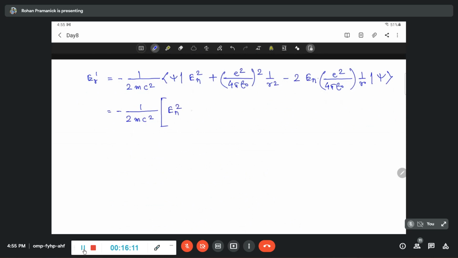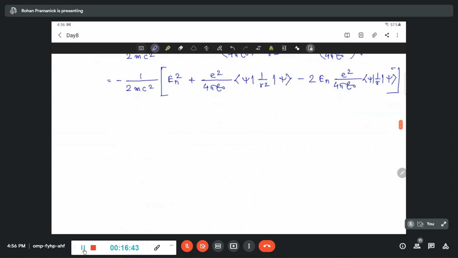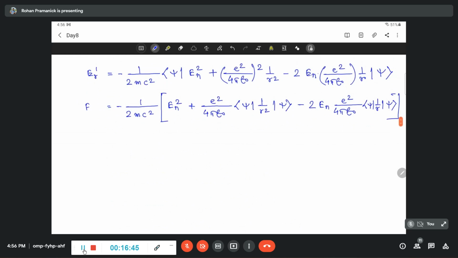Psi becomes 1 plus e squared by 4 pi epsilon 0 psi 1 by r squared psi minus 2 n e squared by 4 pi epsilon 0 psi 1 by r psi, and there is a bracket. So this is the expression for E_R1.